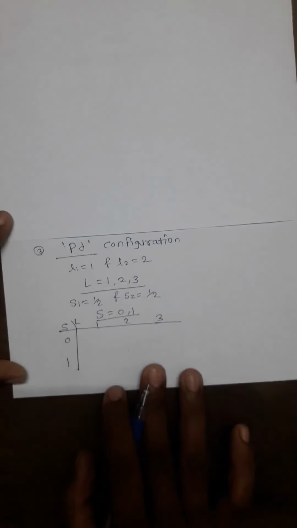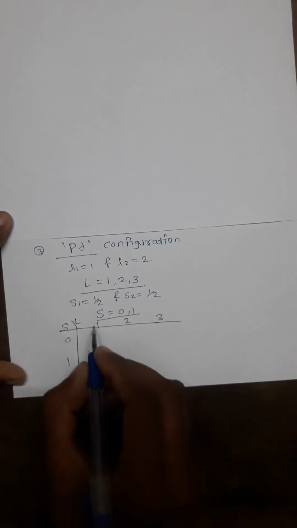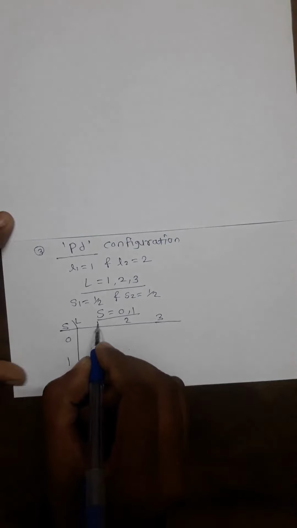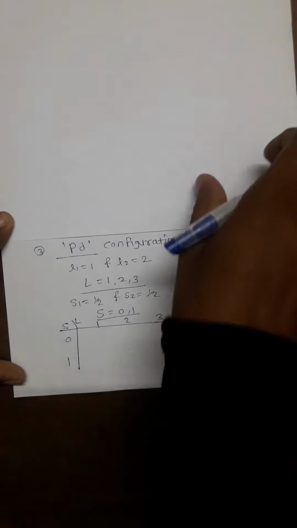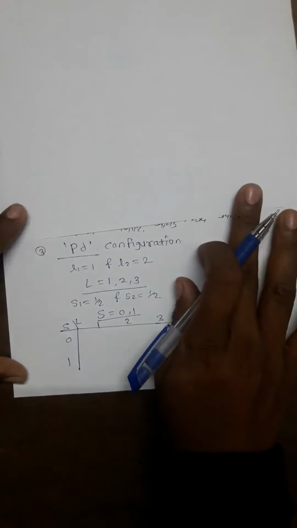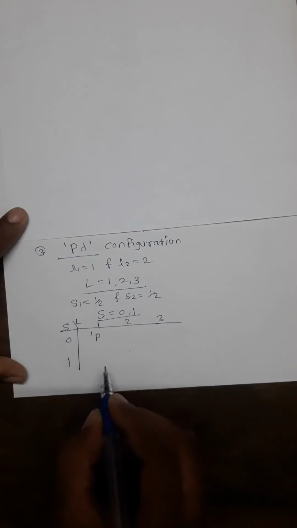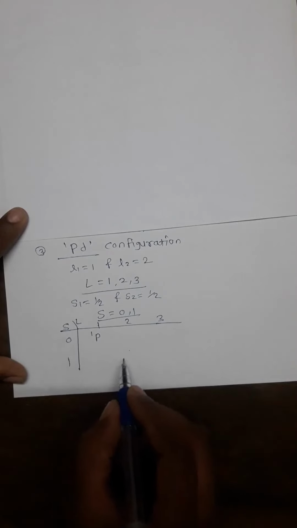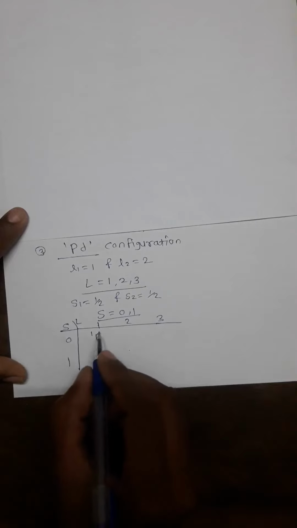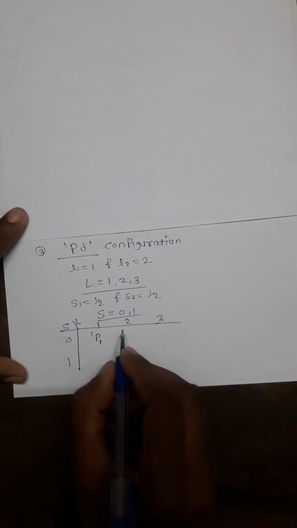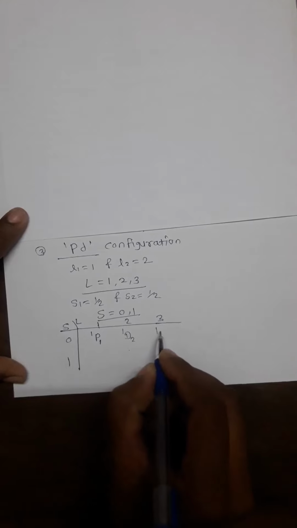Now the value of L equal to 1 represents the P state. Therefore, the first term is 1P1, then 1D2 and 1F3.